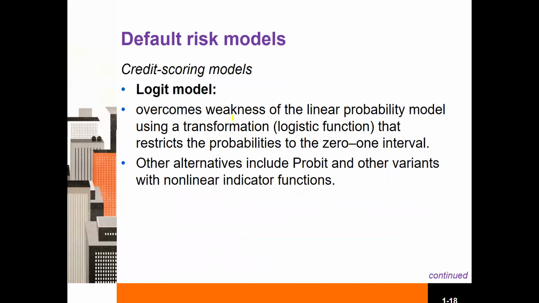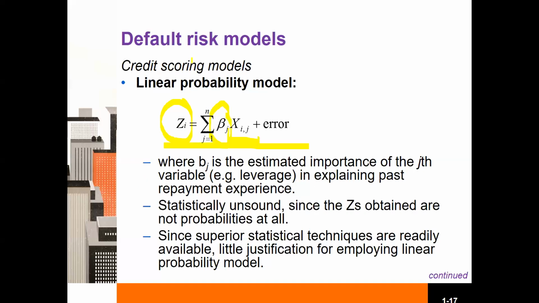Now, one point: while the linear probability model that we discussed in the last slide is straightforward, as long as the current information on the explanatory variables is available for the borrower, it has a major weakness, that the estimated probability of default can often lie outside the interval of 0 to 1. That means in this model, we get these estimated parameters, we multiply them with the values of these ratios for a particular borrower, and we sum them up to get a probability of default, which can even exceed 1.